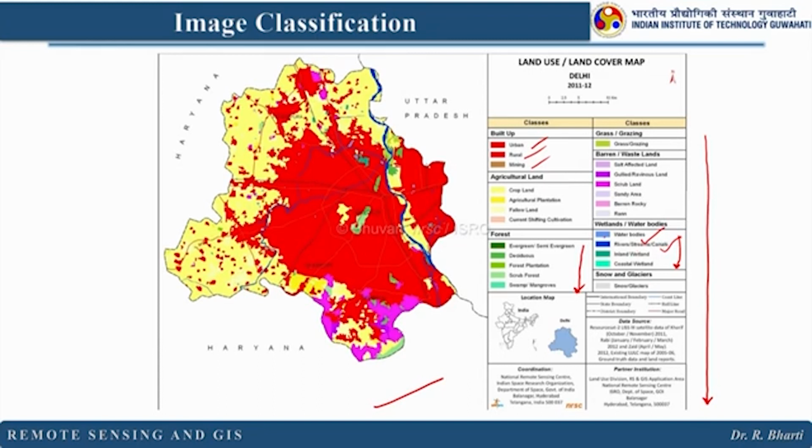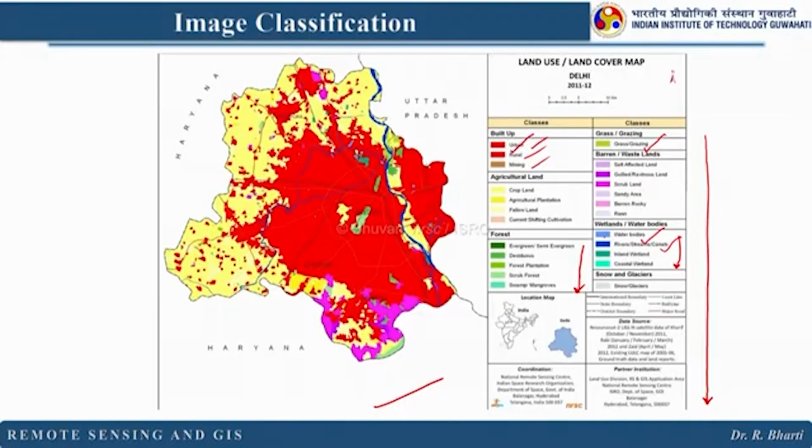If you find this color, then it is urban. If you find this color in your classified image, then it is grass or grazing. So this is how we have to make sure that we use some standard color combination so that anybody can understand our classified image. That is the main objective of this classification scheme.